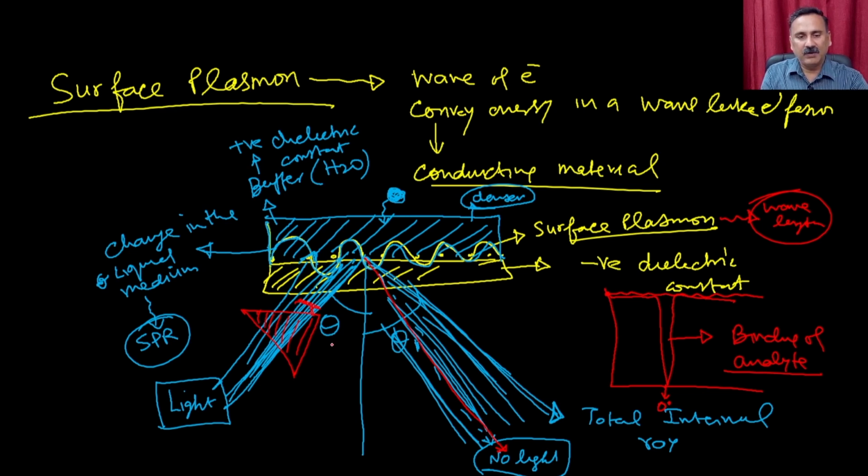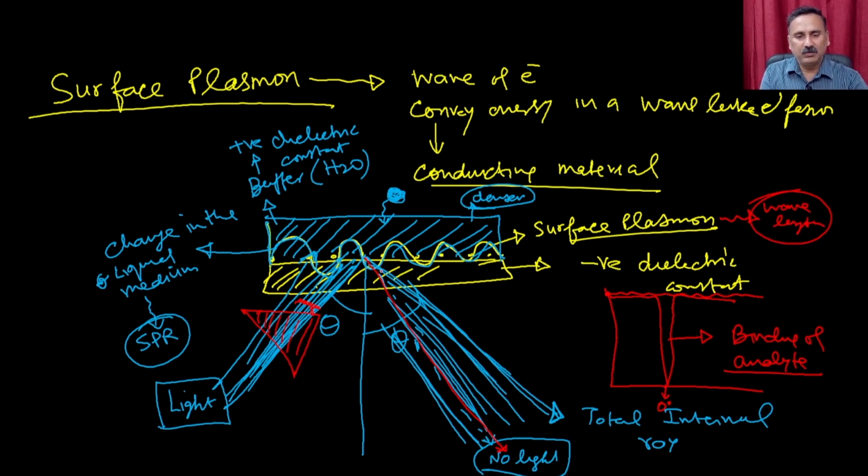And as a result, when you are changing this lambda, at a particular lambda, the light is going to be completely absorbed by the complex which is present on the cell surface, and as a result you are going to see an absence of light.